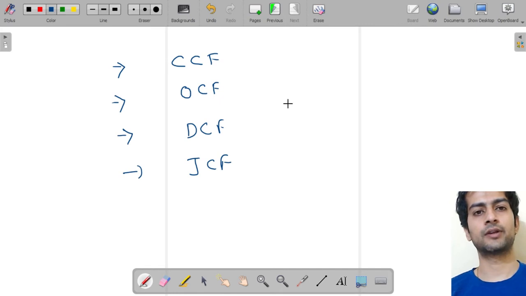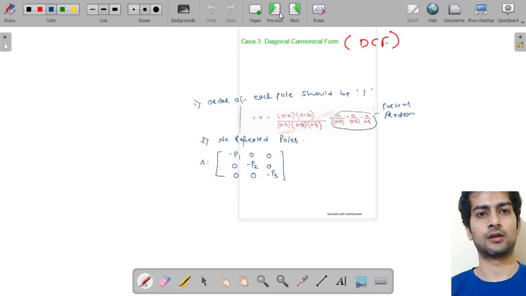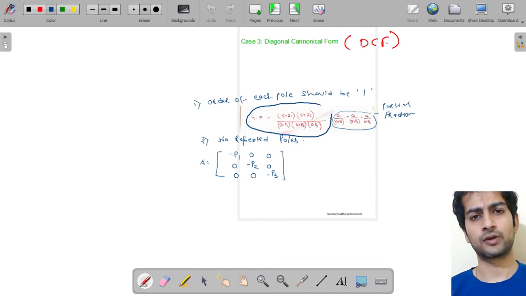So if you are given a transfer function, now see, another important concept which will be useful for you. If you are given a transfer function in this form, looking at it you can easily say that the order of each pole is 1, no poles are repeated.